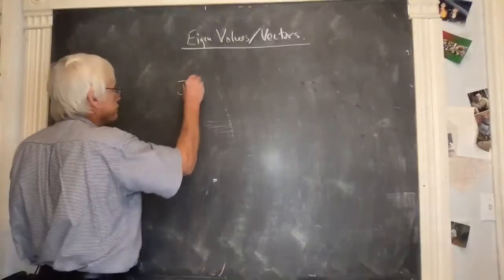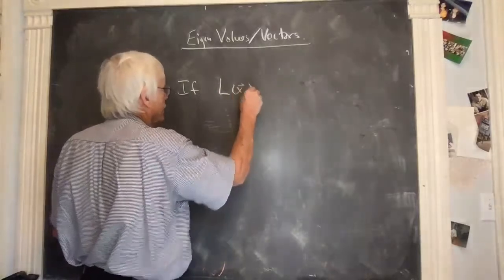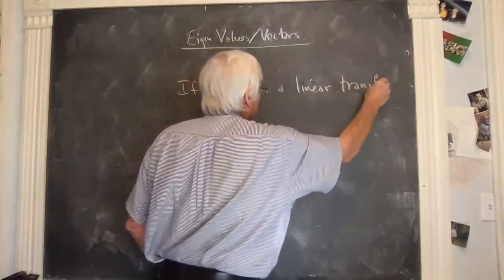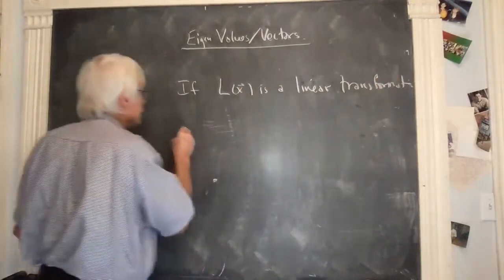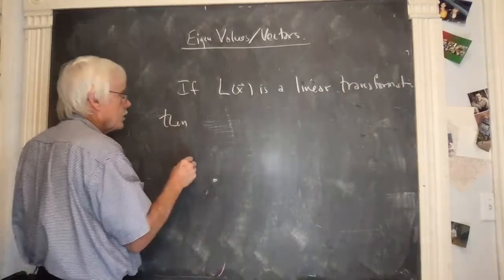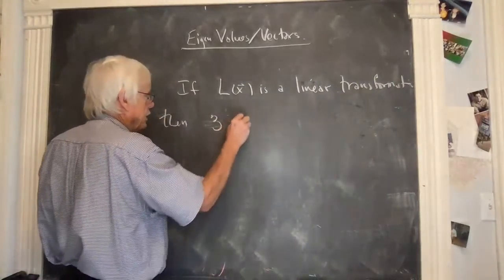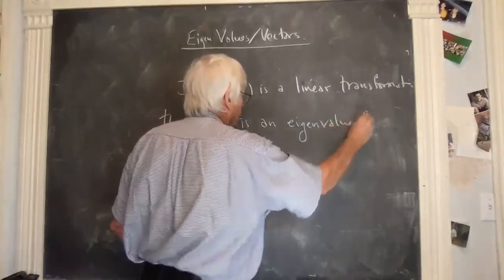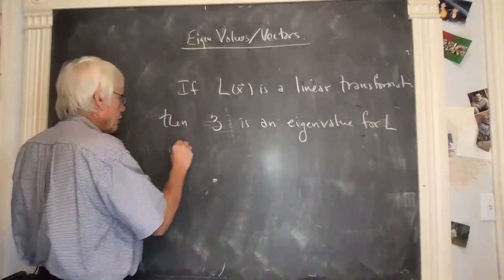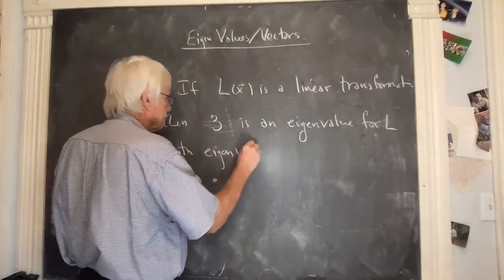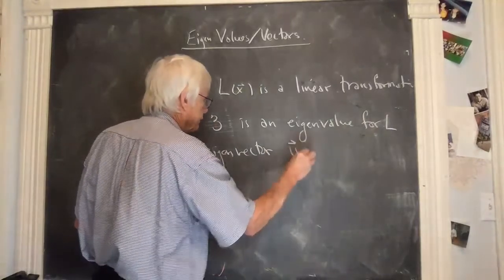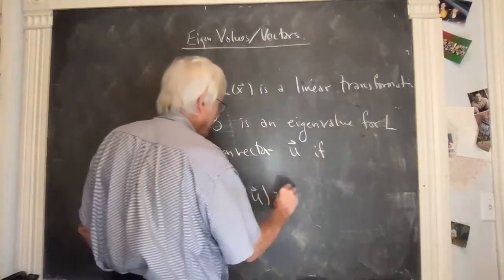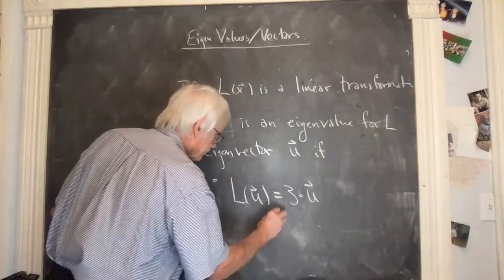So if L of X is a linear transformation, then 3, say, is an eigenvalue for L with eigenvector U if L of U equals 3 times U and U is not 0.